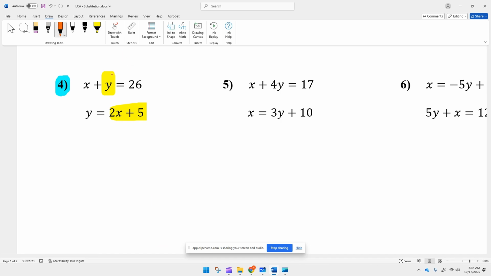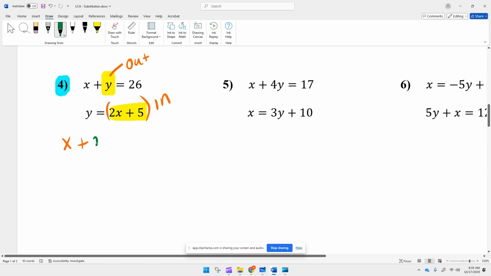So again, y in this case is coming out, and we're going to put the whole thing, 2x plus 5, in. So I'm going to rewrite x plus, and then I'm going to put 2x plus 5. None of the rest of the team am I going to change.